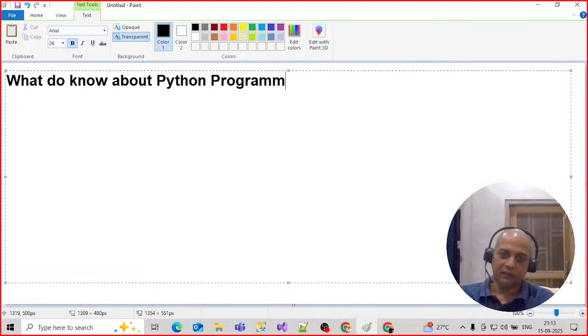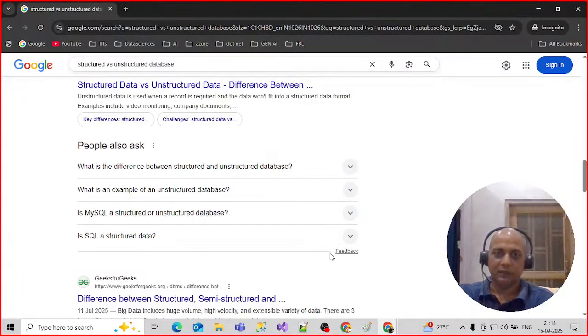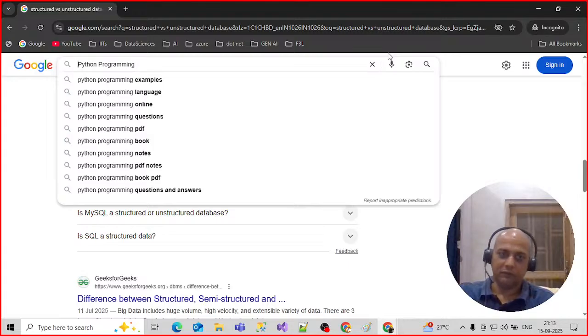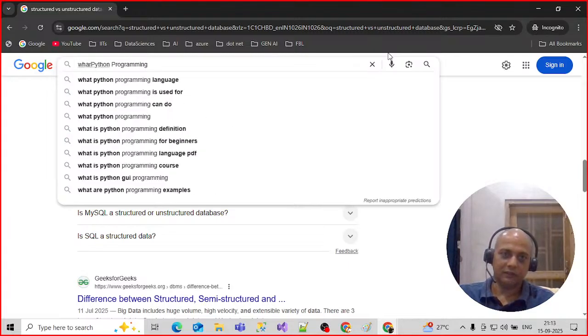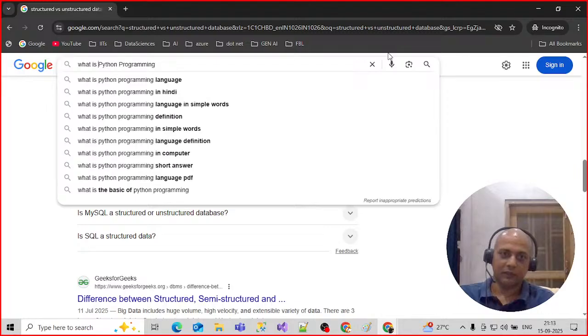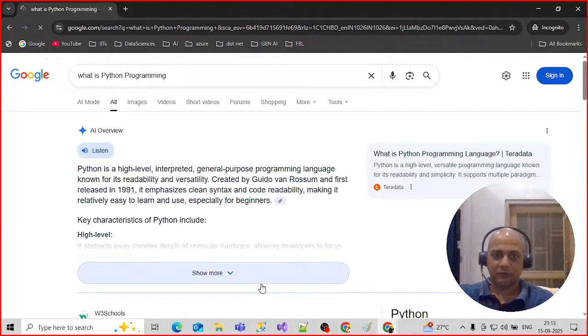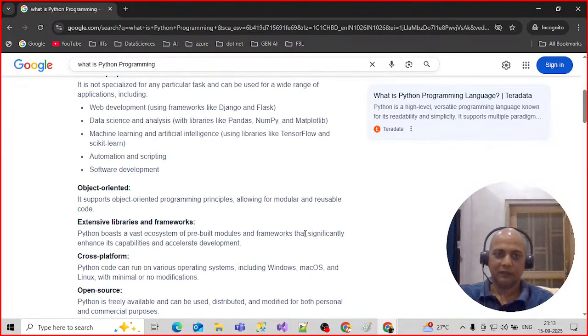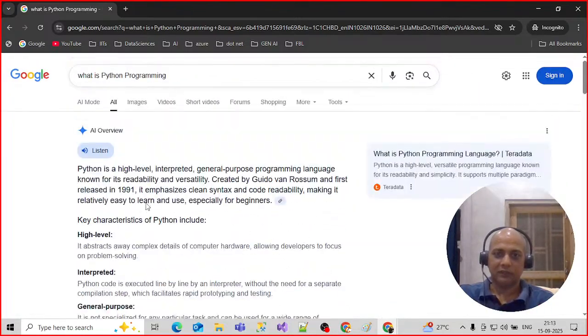If we just search what is Python programming, we will have plenty of information, right? Just a simple question. So what things we are getting, we need to understand from scratch.